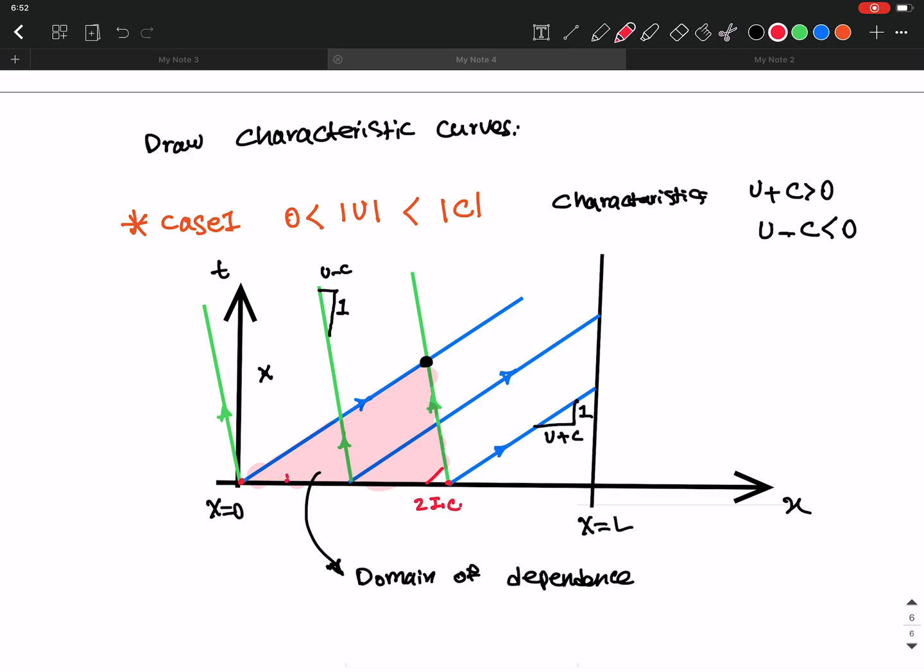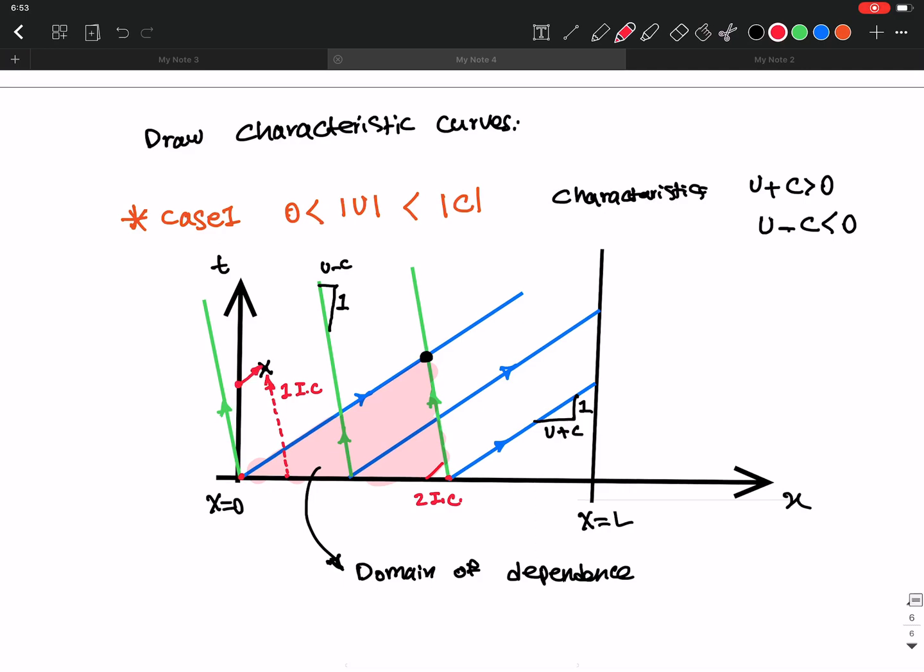One of your solutions comes from here, so you have one initial condition, and then the other one comes from here, right? And this is the boundary condition.